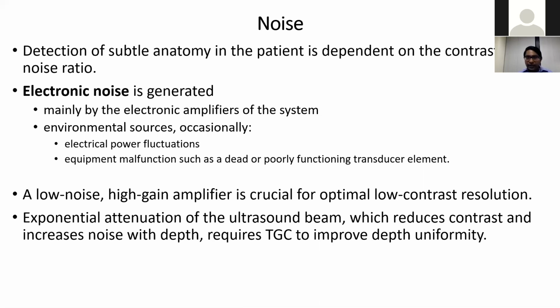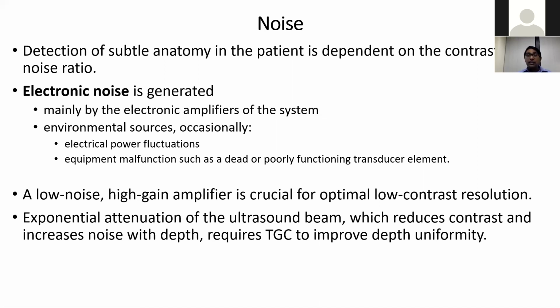There's some noise created by firing of these elements. Sometimes we use multiplexers, which create a lot of noise. We have these transmit and receive switches, which switch and create electronic noise. And so there are a lot of noises that need to be suppressed for a good image quality.